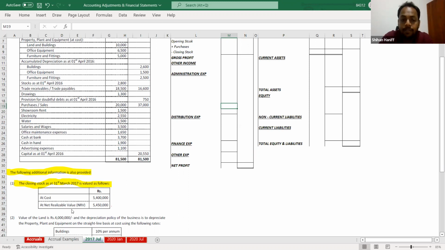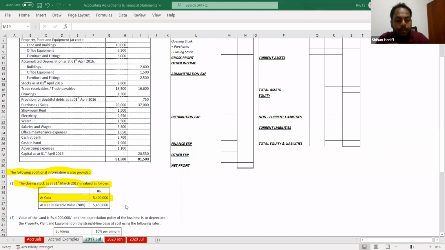The net realizable value, the expected selling price, is 5,450,000. So we will take the cost, because we have to take the lower of cost and net realizable value. Cost is 5.4 million.